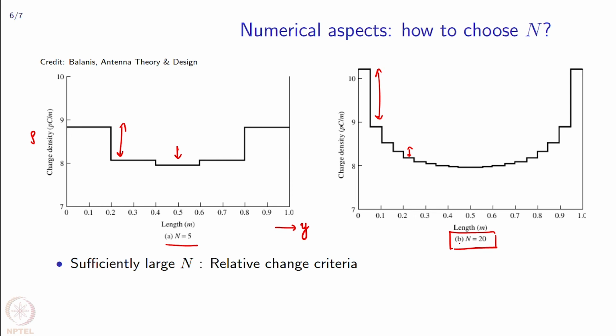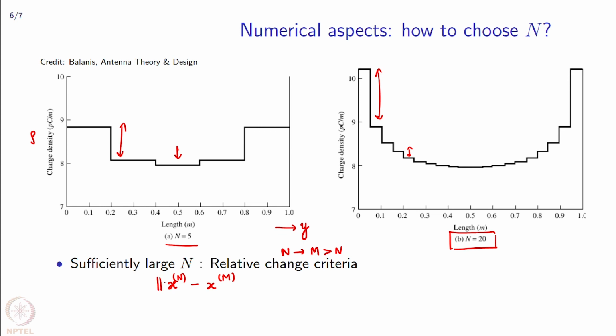One popular way of doing it is that you take your solution that you got at resolution n. Now let's say I increase from n, I go to a larger number m, where m is greater than n. What I can do is find out the relative change. This is just the difference between the two.